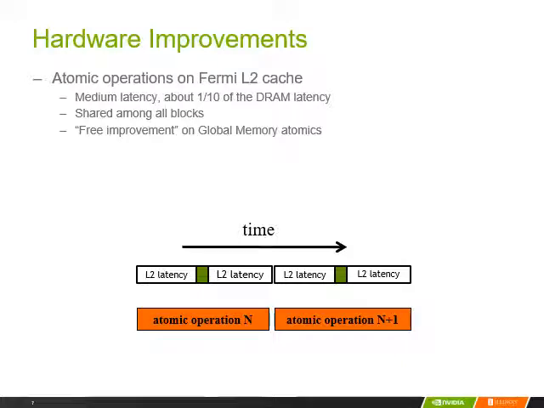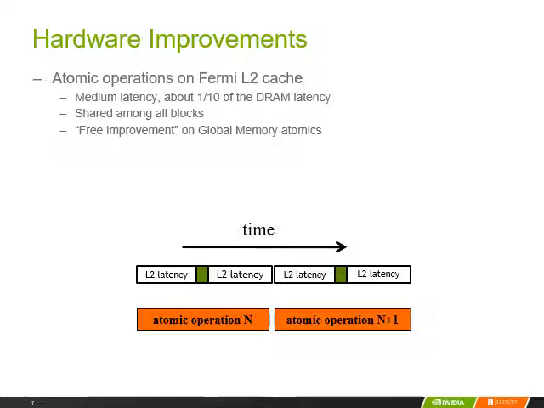The L2 cache has a latency about 1/10 of the DRAM latency. So if we capture all these atomic operations in L2 cache, we improve the throughput by about 10 times. And the L2 cache needs to be shared among all the thread blocks in order for this capture to work.